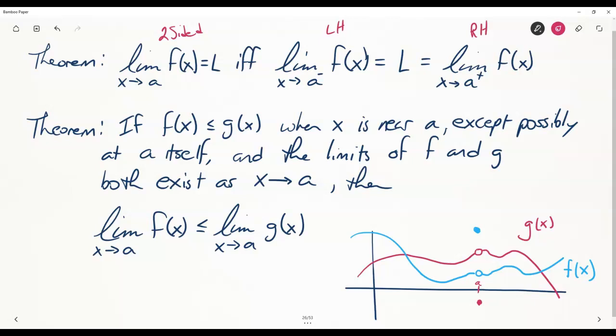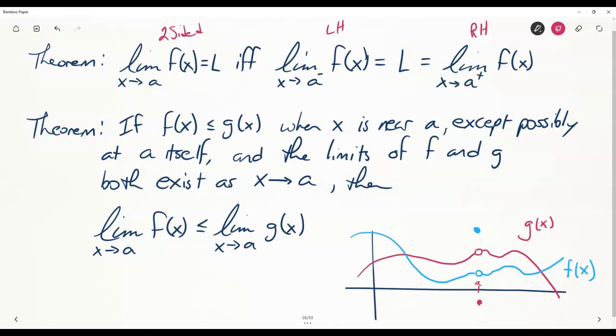So we want to draw some kind of conclusion about the limits of f and g as you approach a. Well, if f of x is less than or equal to g of x as you approach a, then f of x is going to be approaching this value, where g of x is going to be approaching this one. I don't know what those numbers are exactly because I don't know what f and g are.